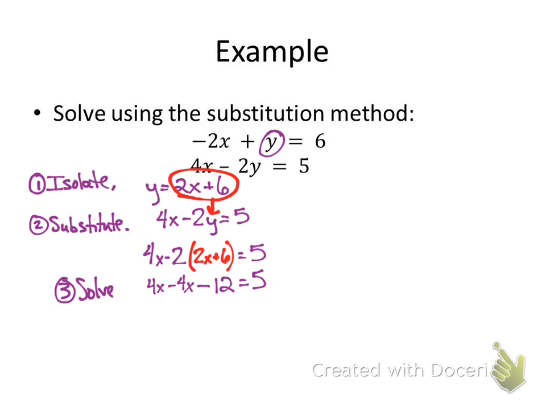Yeah, so what happens? We get an oopsies. This becomes 0. And we're left with -12 equaling 5. What does that mean? So when you get a false statement, this means we have no solution.